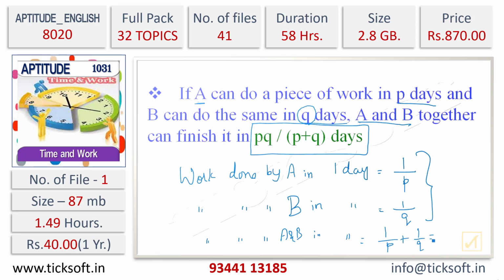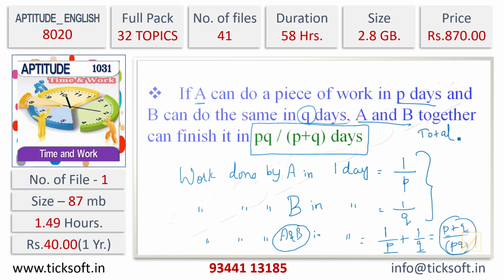So, 1/p plus 1/q will be equal to (p+q)/pq, because if we take the LCM of p and q, then we get p into q as the denominator. Then we multiply 1/p by q, so we get q, and 1/q by p, so we get p. So (p+q)/pq is the 1 day work of A and B. So, what will be the total number of days? By using the second formula, we can easily find out the total number of days.